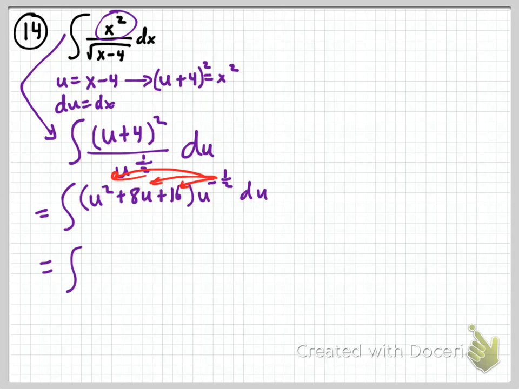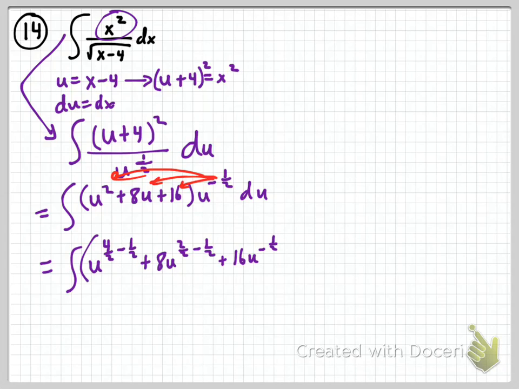So we have u to the 2 times u to the negative 1 half. So we have 4 halves. I'm going to do this in 2 steps. So we have u to the 4 halves minus 1 half, plus 8u to the 2 halves minus 1 half, and then plus 16u to the negative 1 half.